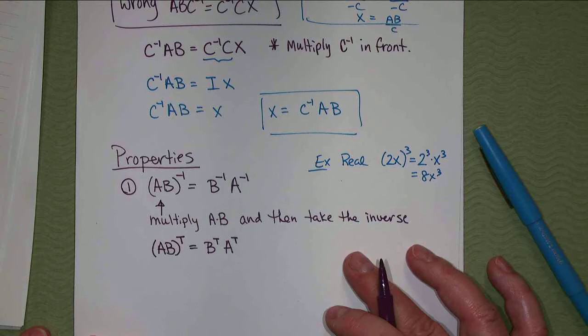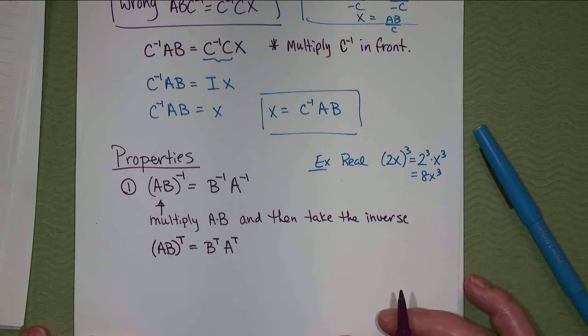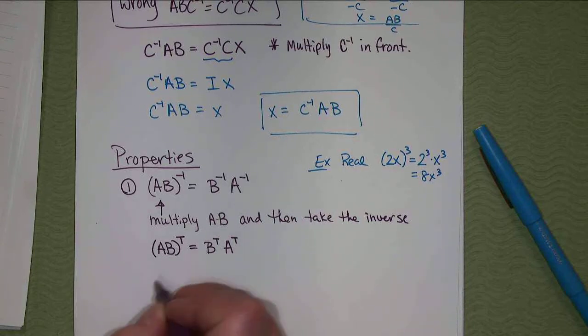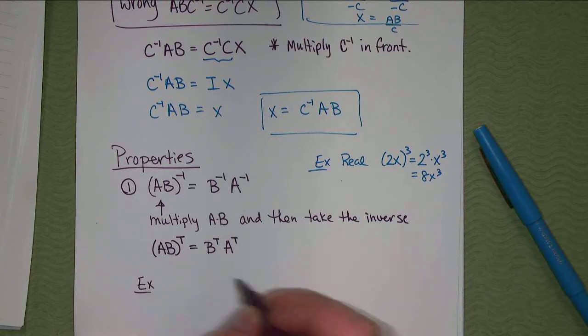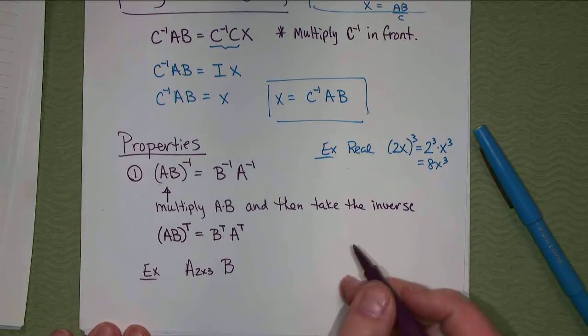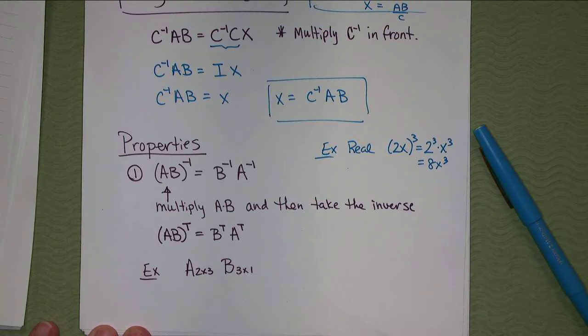And for transpose, they don't need to be square. For example, let's look at the transpose for a second. Let's say A is a 2 by 3 and B is a 3 by 1.